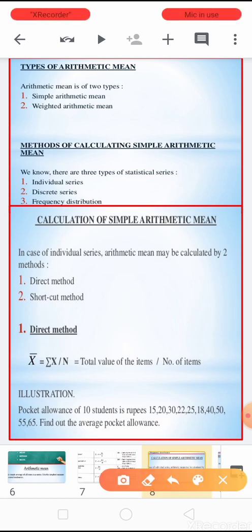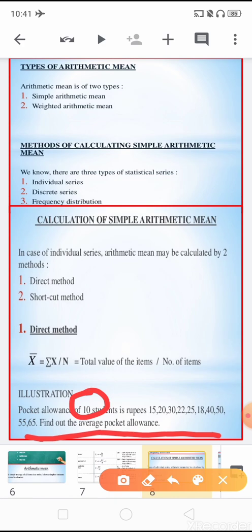Children, we have one question: the pocket allowance of 10 students in rupees is 15, 20, 30, 22, 25, 18, 40, 50, 55 and 65. We need to find the average pocket allowance.